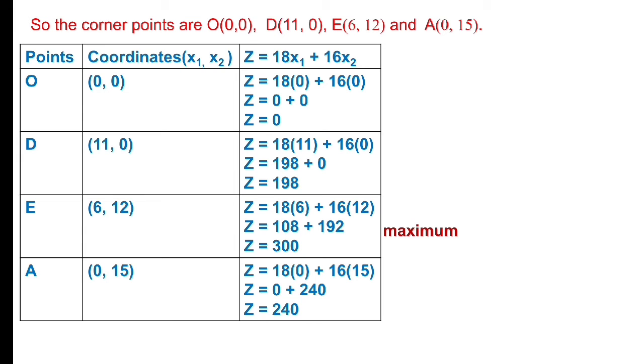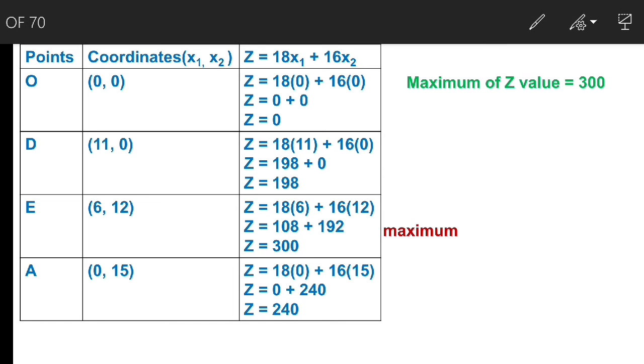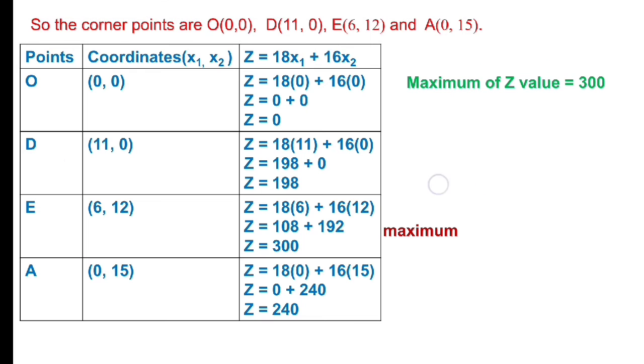So that is the solution: maximum value of z equal to 300. Therefore the coordinates are x1 equal to 6 and x2 equal to 12. In this way we can find the solution of the given problem by the graphical method.